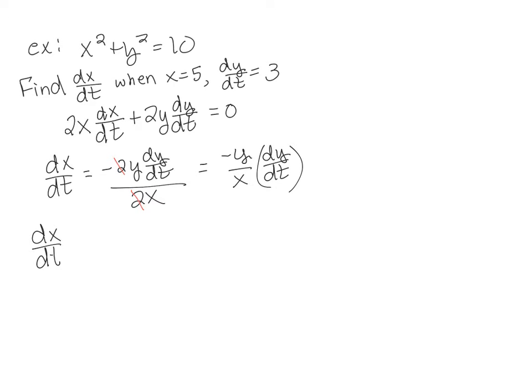Dx dt, the x is 5. This is given in the question. Dy dt is 3. But we have an issue. We need to know what the y value is, because that wasn't given. Or was it?